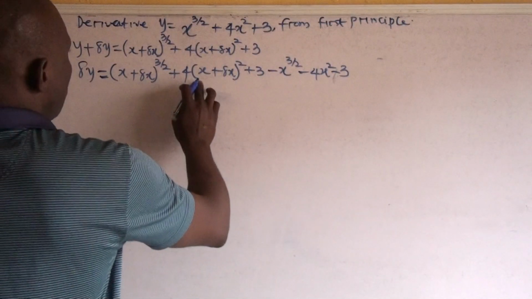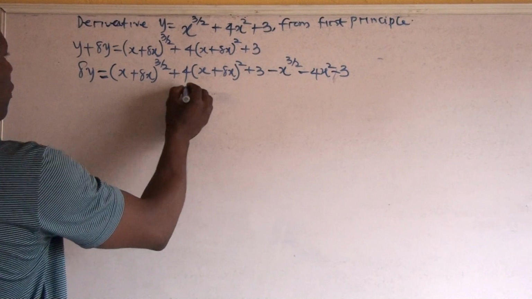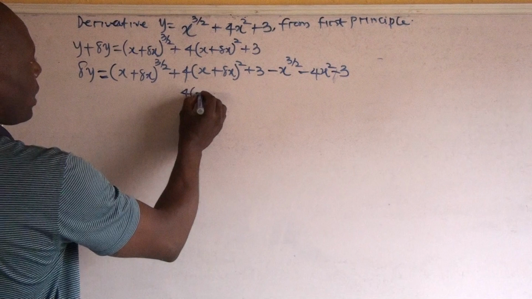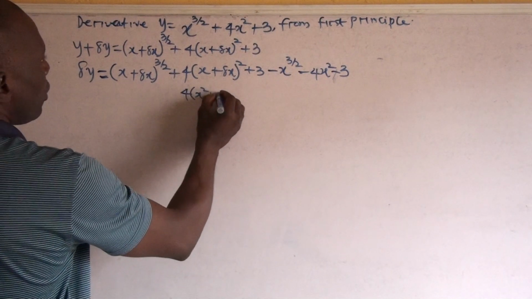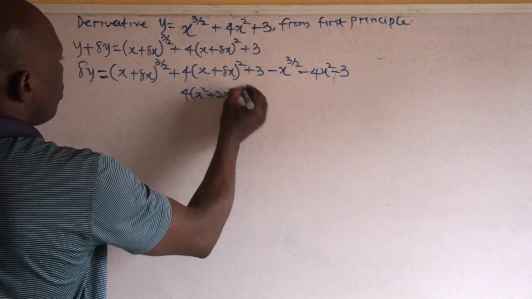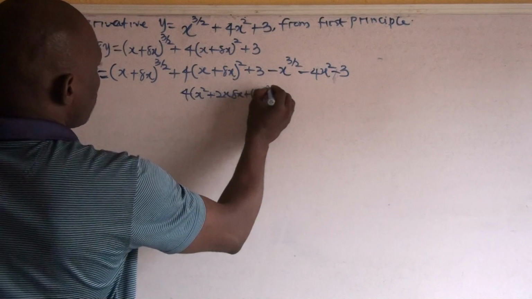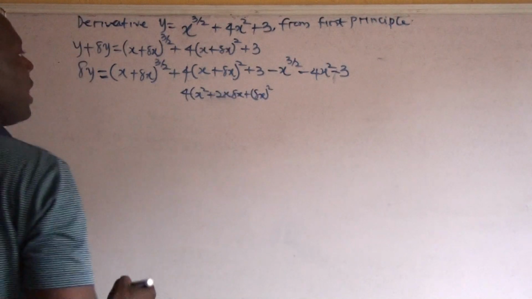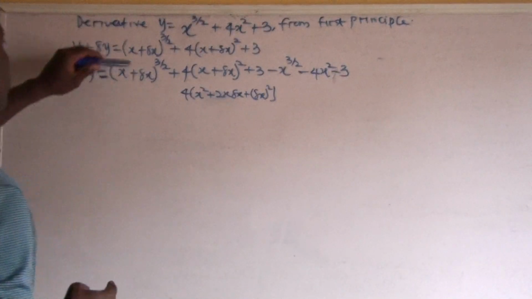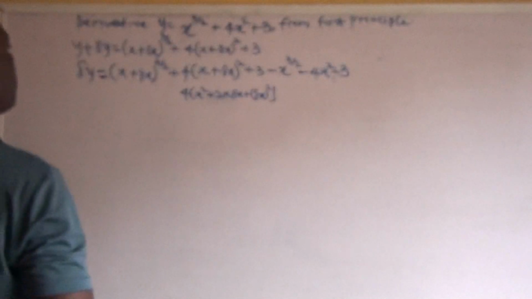It is very easy to expand this one, and if we do this, it becomes x squared plus 2x delta x plus delta x all square. That is for this. Okay, but if we are going to expand this, it's going to give us some work to do.